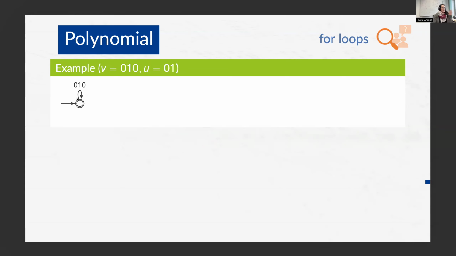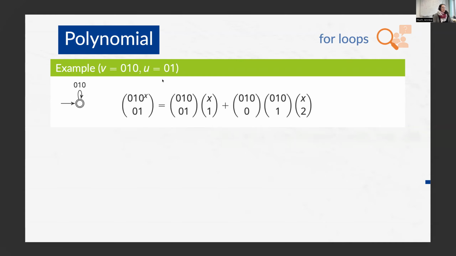If we have, for example, this automaton, which is a polynomial regular language, so we have just one loop, and the condition is fulfilled. And if we query the word 0, 1 here, then we get, okay, how often is 0, 1 contained in 0, 1, 0?